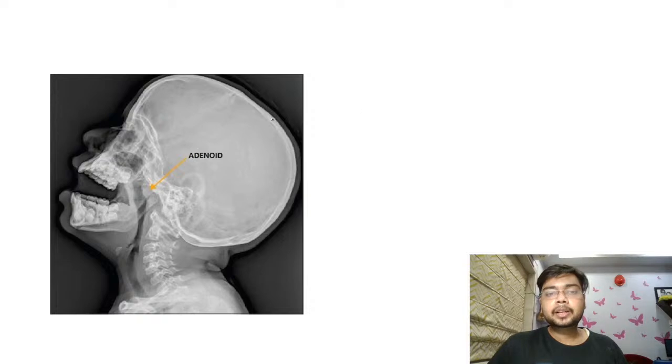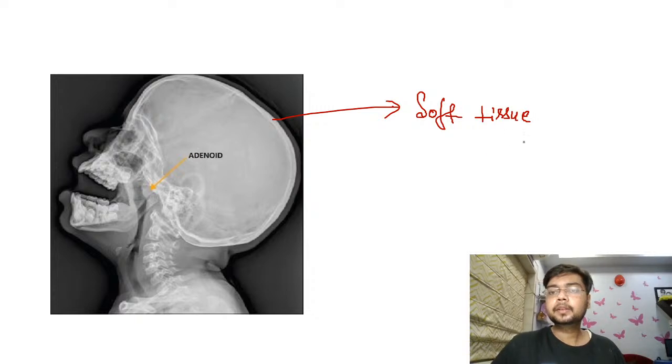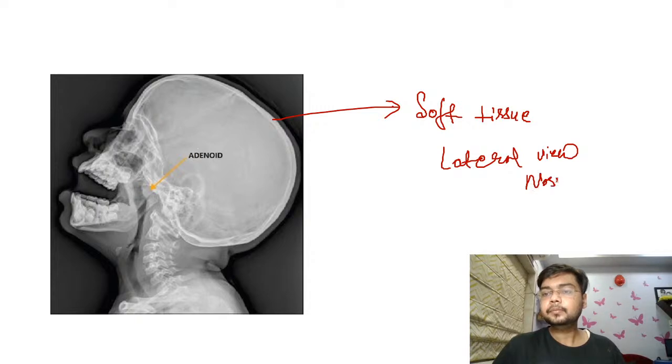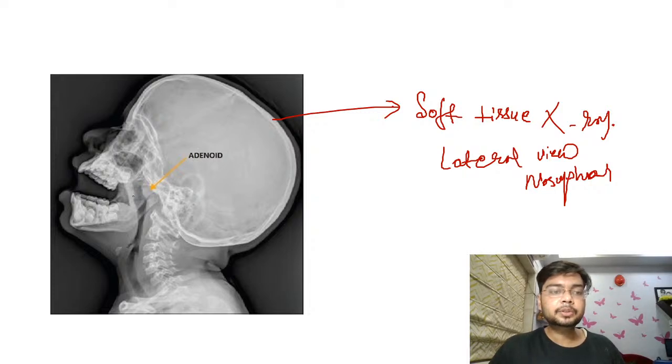For the diagnosis, mainly for OPD purposes, we give a soft tissue lateral view X-ray of the nasopharynx. What you need to see is your nasal airway continuing into the oropharynx, then pharynx and so on.